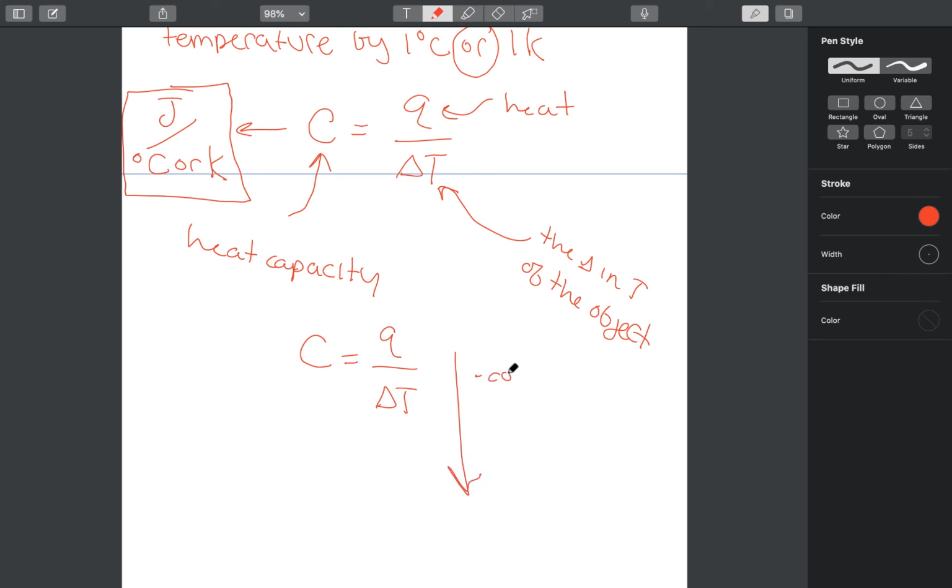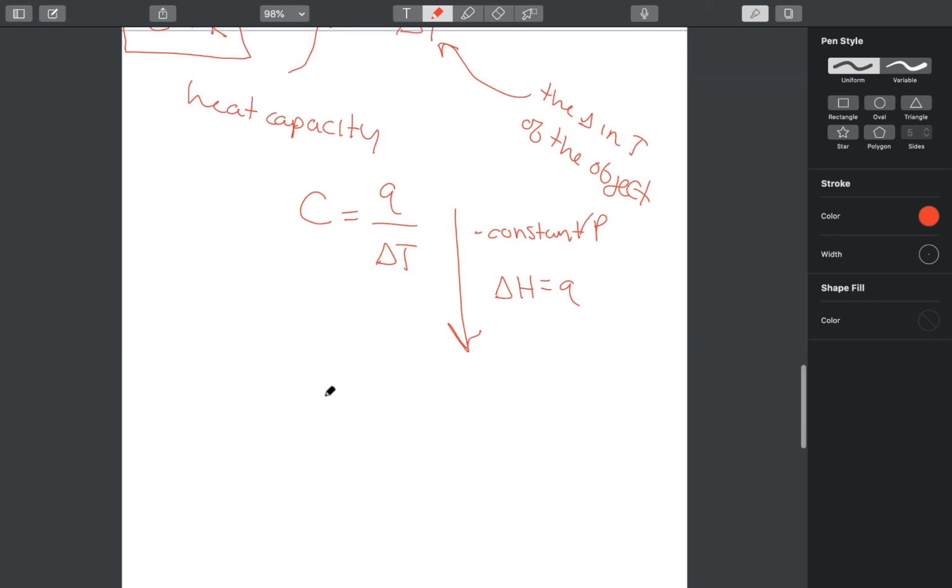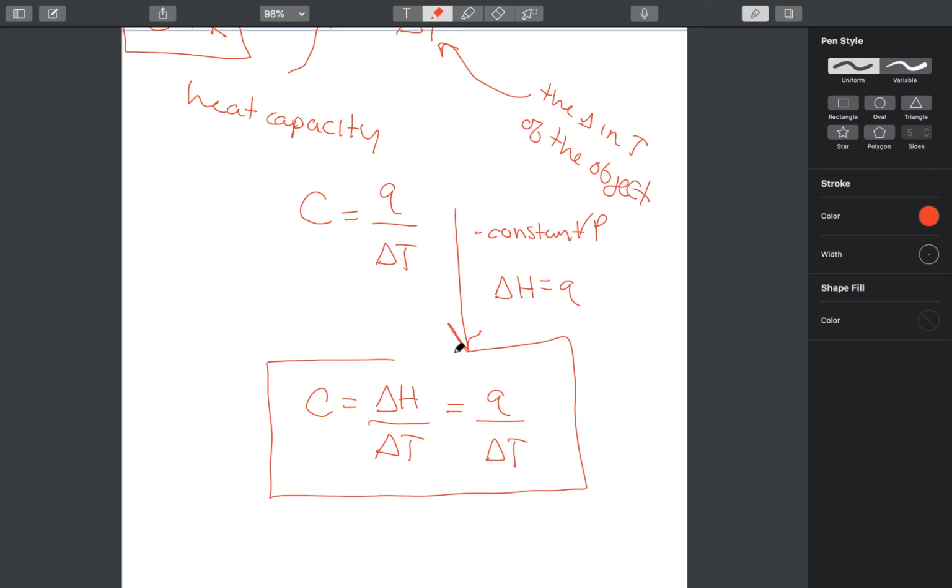Since we are under constant pressure, delta H is equal to Q. Therefore, C is equal to delta H over delta T. So when you're under constant pressure, which is the usual case for general chemistry, you can use either this form of the equation or this form.